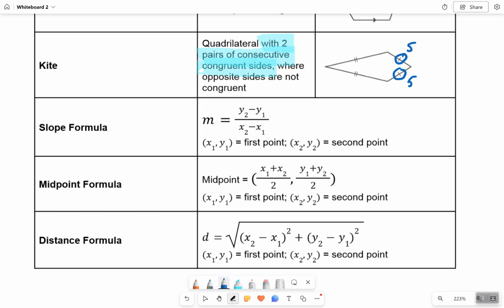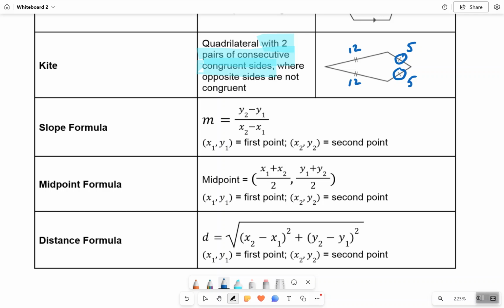Aren't those two sides equal? Yes, those tick marks make them equal. But are they opposite of each other, or right next to each other? Right next to each other. So on a kite, the two sides that are equal are right next to each other. And then this might be a situation where this is 12, and it would make this 12. So don't you really have two pairs there that are the same length right next to each other? So that's what that means.